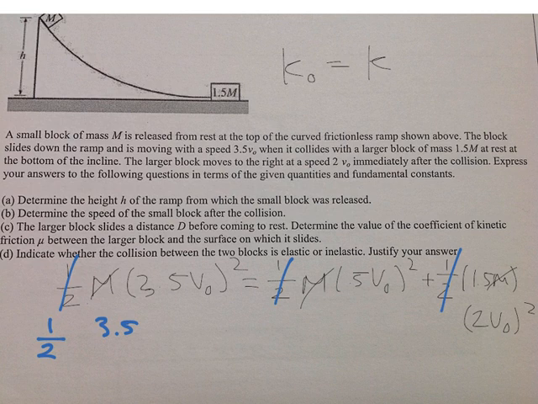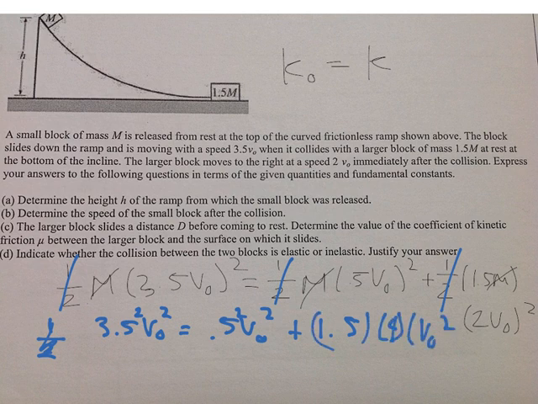So we just end up with 3.5 v naught squared equals 0.5 squared v naught squared plus 1.5, do 4 because I can do that in my head, squared.